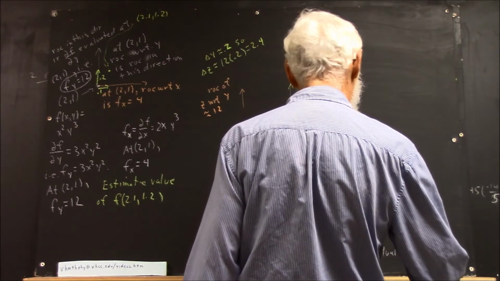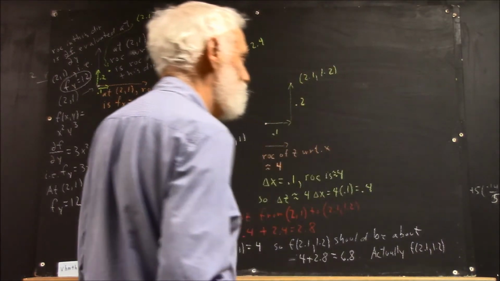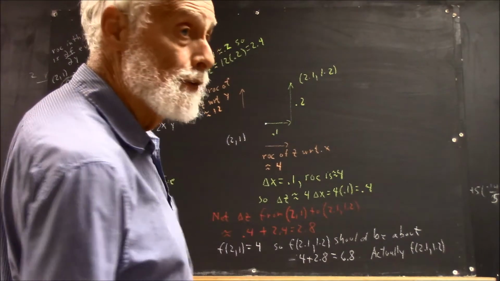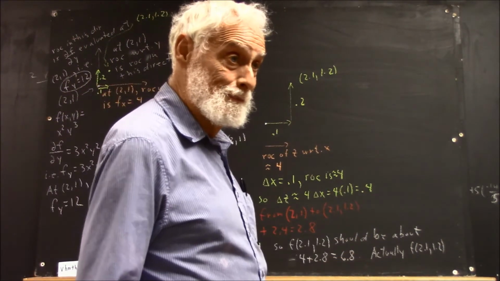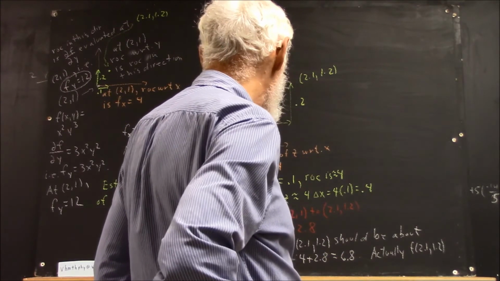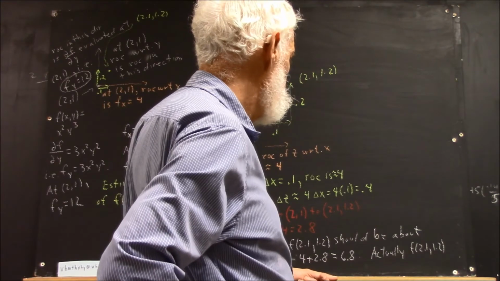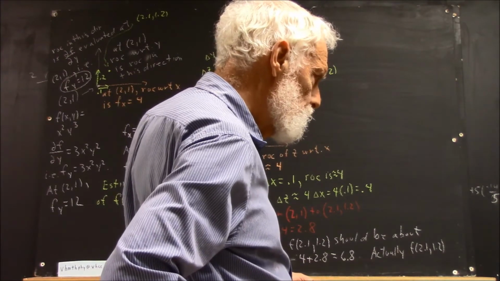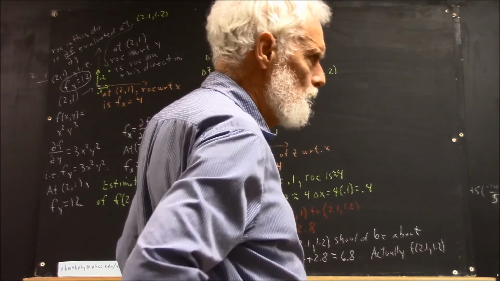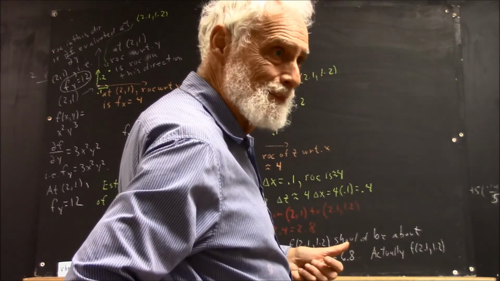Well, actually, f of (2.1, 1.2) is closer to, well, let's see, 2.1 squared is 4.41. And 1.2 cubed is, I should be able to do that, (1 plus 0.2) cubed, okay?